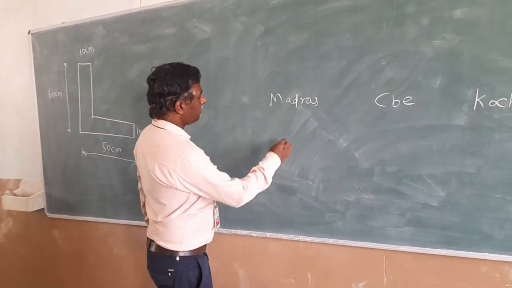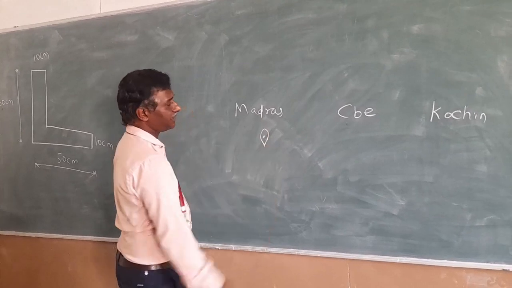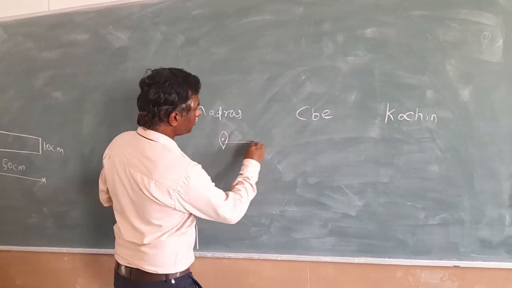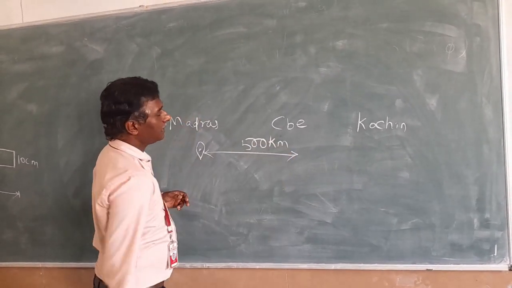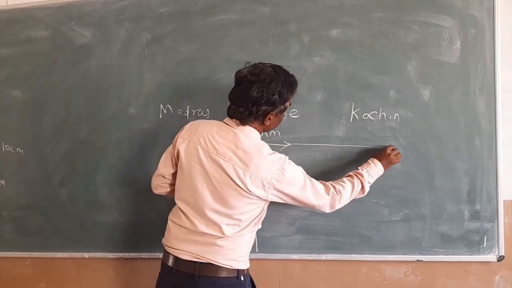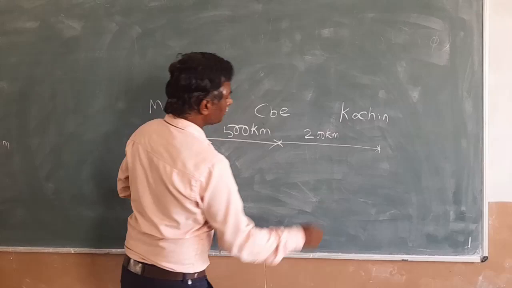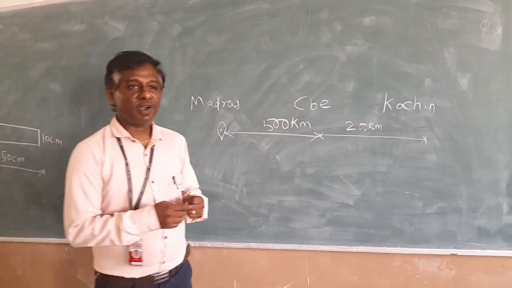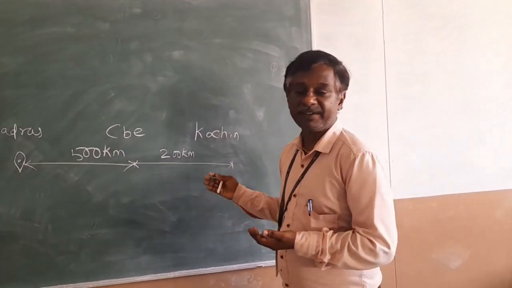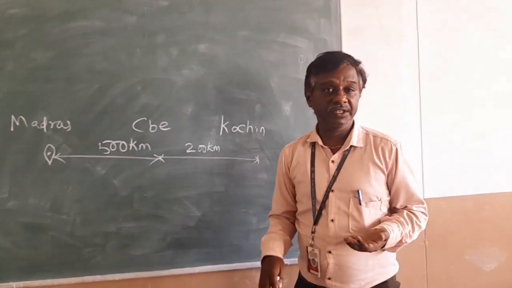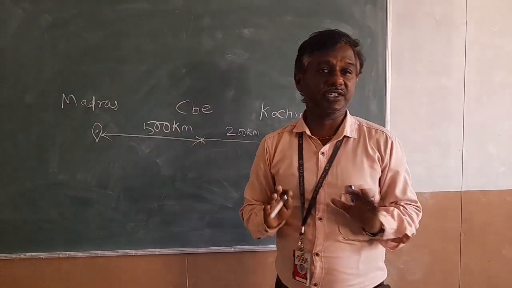Let's take it that I am here, it's my location. From Madras to Coimbatore it is, let's take, 500 kilometer, and from Coimbatore to Kochi it is 200 kilometer. So what is the distance from my location to Kochi? 500 plus 200 is equal to 700 kilometer.